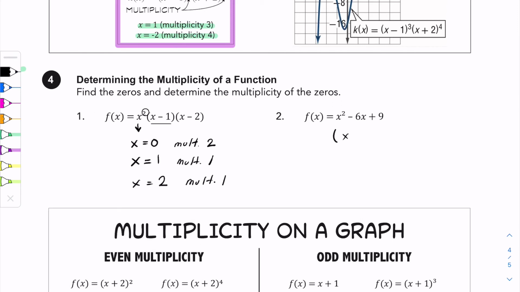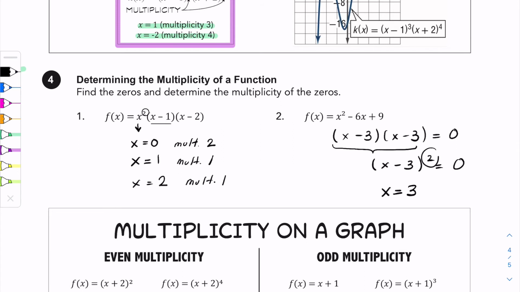This factors out to x minus 3 times x minus 3, and we're solving for this, so we set them equal to 0. Because we have two of the exact same factors right here, we can rewrite this as x minus 3 in parentheses squared equals 0. If I set that factor equal to 0, we know that x equals 3. This factor happens 2 times, so we would say the multiplicity is 2.